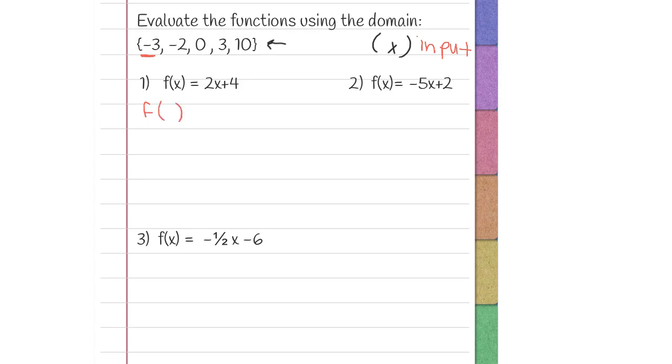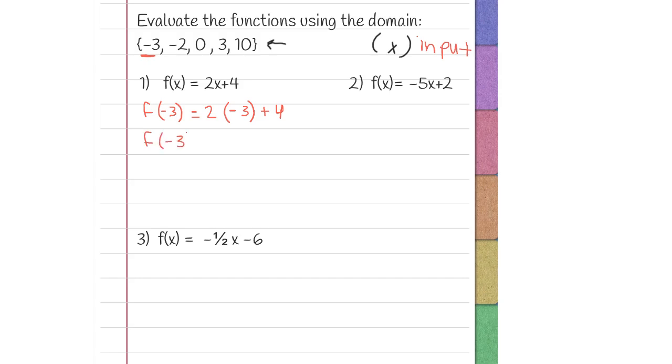Instead of putting x, this is x, okay? I know what x is, so I'm going to put -3. Is equal to, everywhere I see an x, I'm going to plug in -3 because that is my input. So 2 parentheses, put a parentheses around your x values. -3 plus 4.